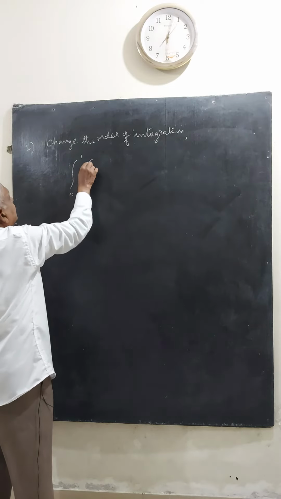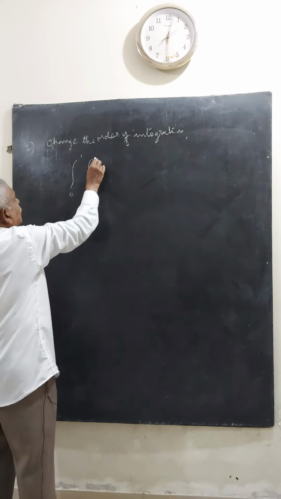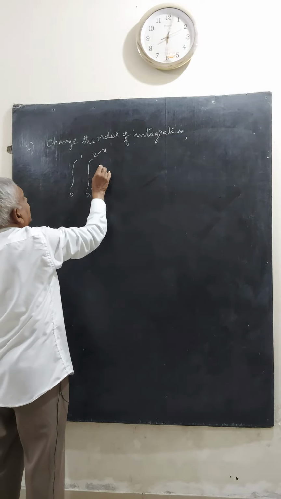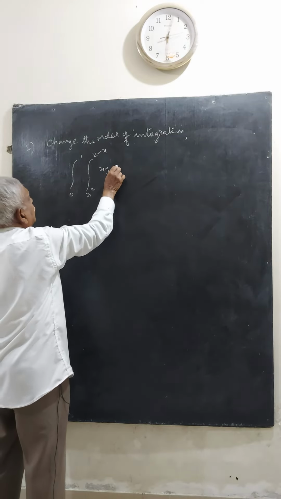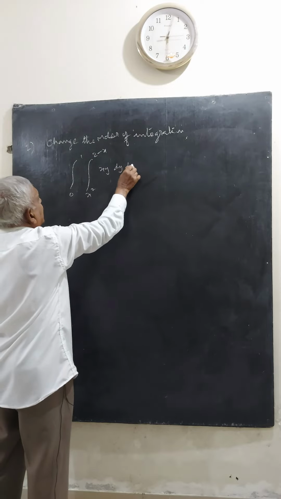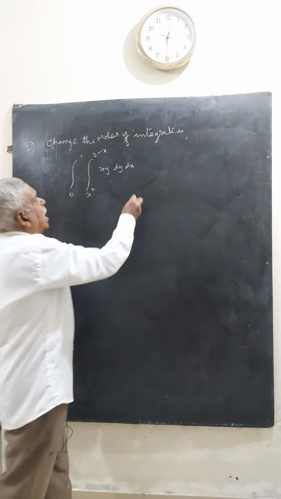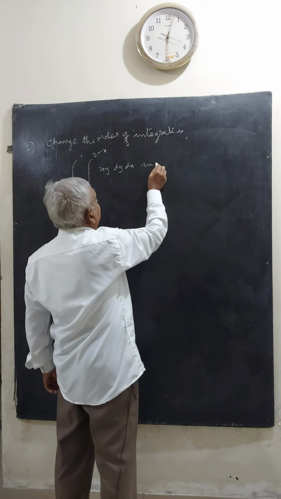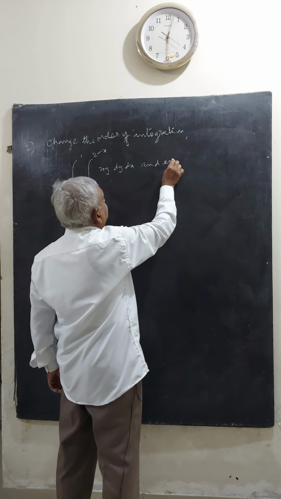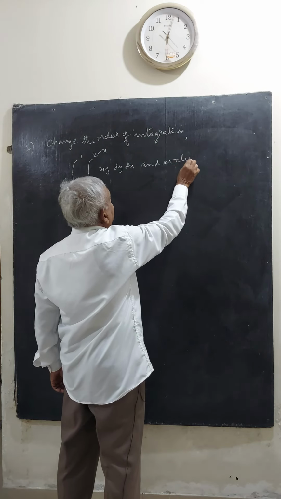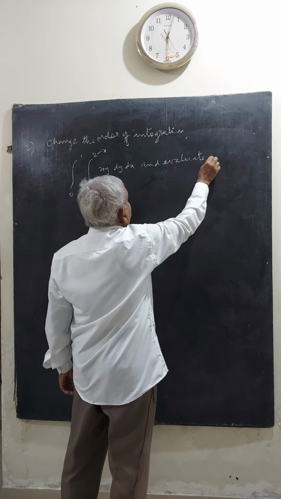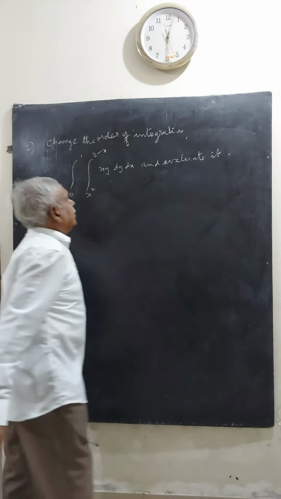The integral from 0 to 1, x squared to 2 minus x, xy dy dx, and evaluate it.